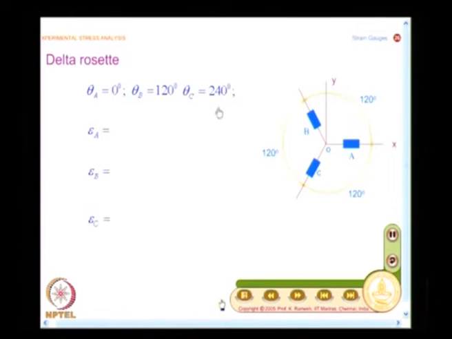I am not going to work this out. You plug in these values and find out the interrelationship between epsilon a, epsilon x, epsilon y, gamma xy, write for 3 values of theta, solve them and get the expressions for epsilon x, epsilon y and gamma xy.